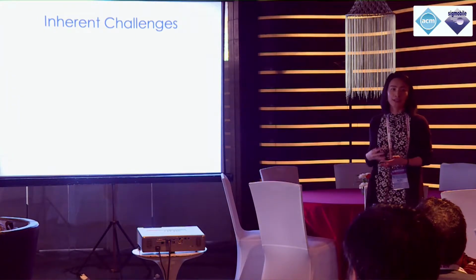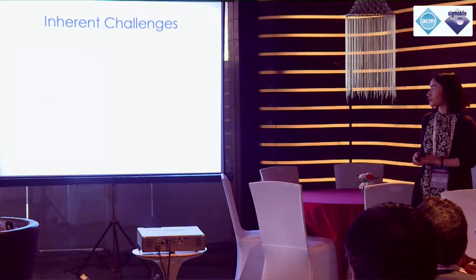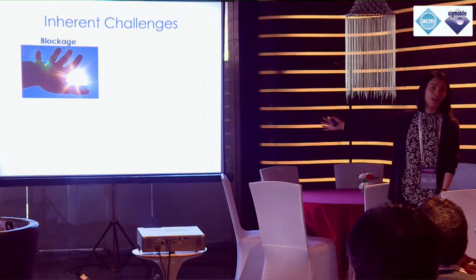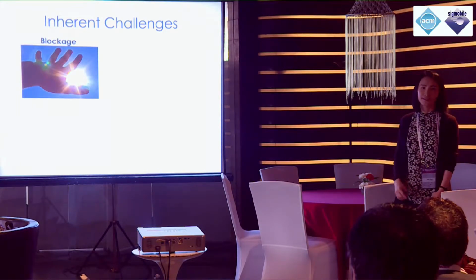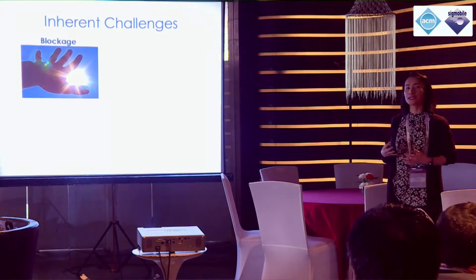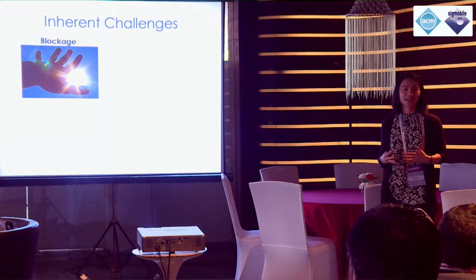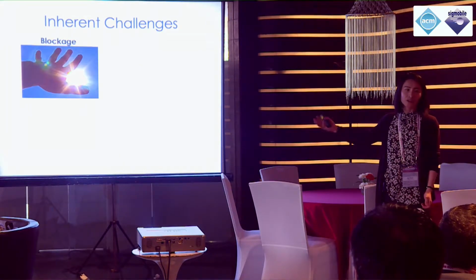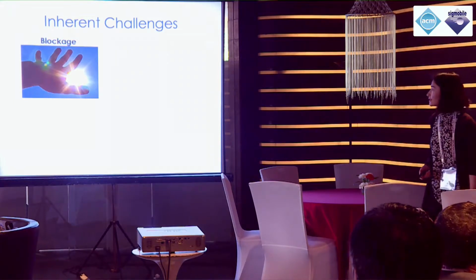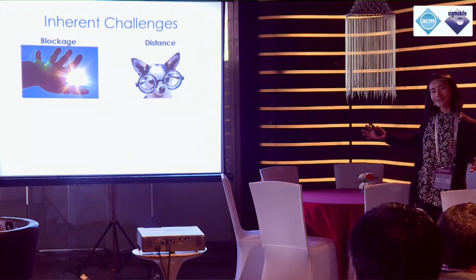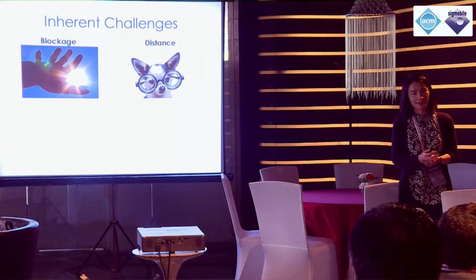tackling the inherent challenges of light communication. There are a few. First of all, it's very easy to block, right? Because the wavelength is in nanometers, any macroscopic objects can completely block the light. So how can you maintain a reliable transmission with occasional blockage of the light signals? Another is the distance, also related to the wavelength.